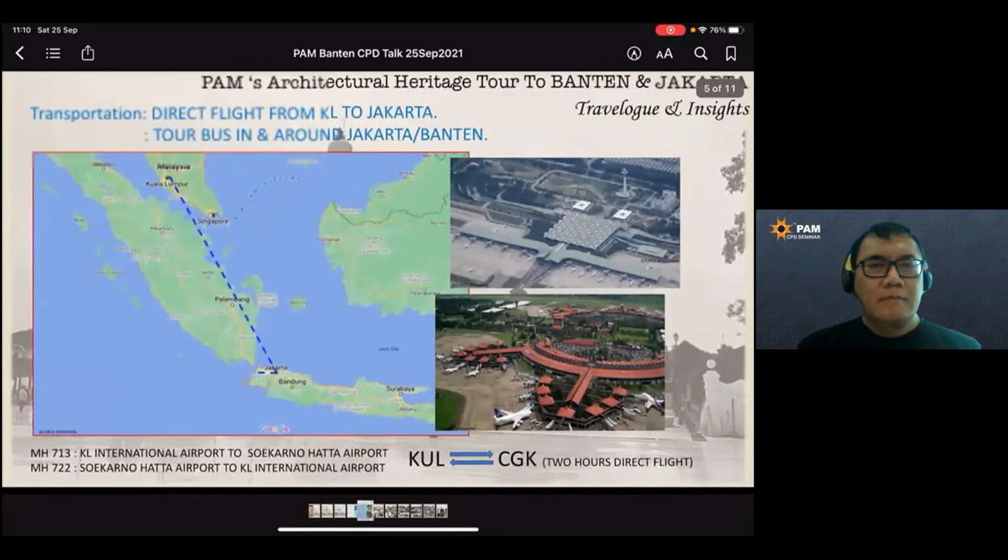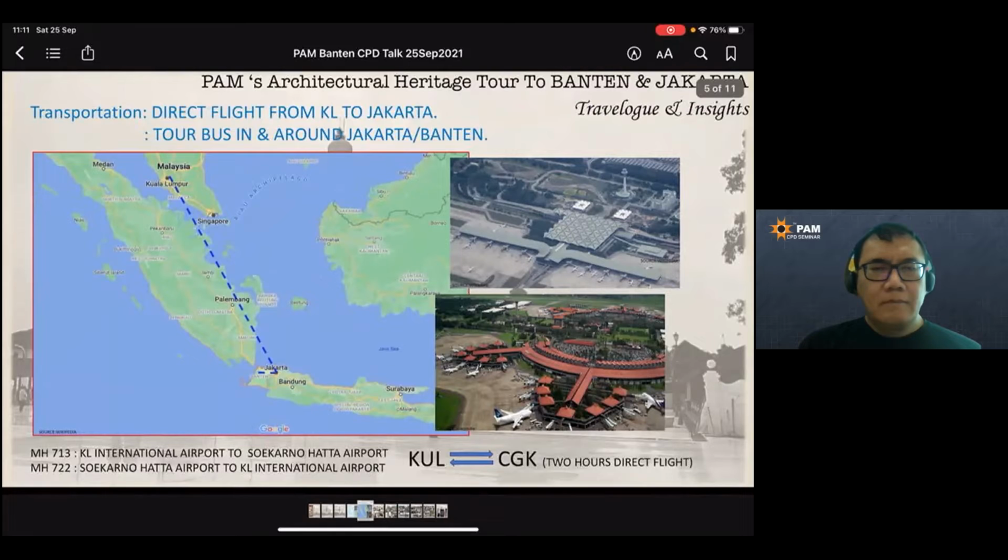Okay, this is how we got to Jakarta, to Banten. We took a direct flight from KL to Jakarta, to Soekarno-Hatta Airport. And from Soekarno-Hatta Airport, we took a bus tour to Banten. Banten is not that far from Jakarta. It's maybe 1 hour because of the traffic jam and all that.